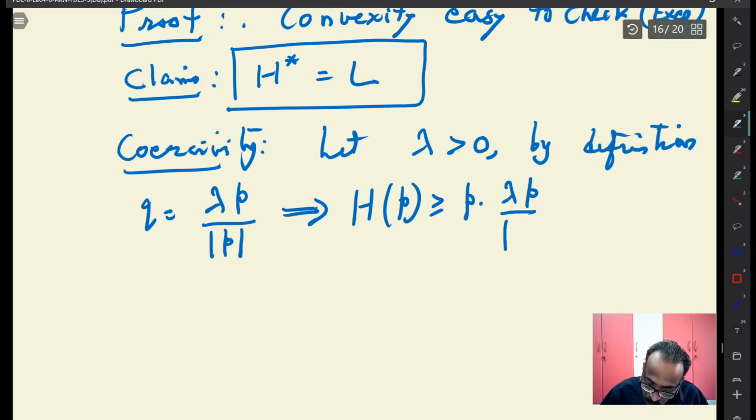So for any other choice, it will be smaller: L of lambda P by mod P.